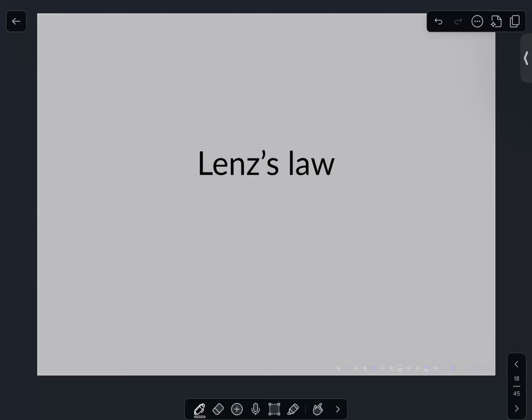Are we opposing the direction? Nope. We're opposing the change. So the direction is the direction of the original field, but we care about how that is changing as time passes: the change of intensity in a given direction. Step 1, find the direction. Step 2, find the change in intensity.